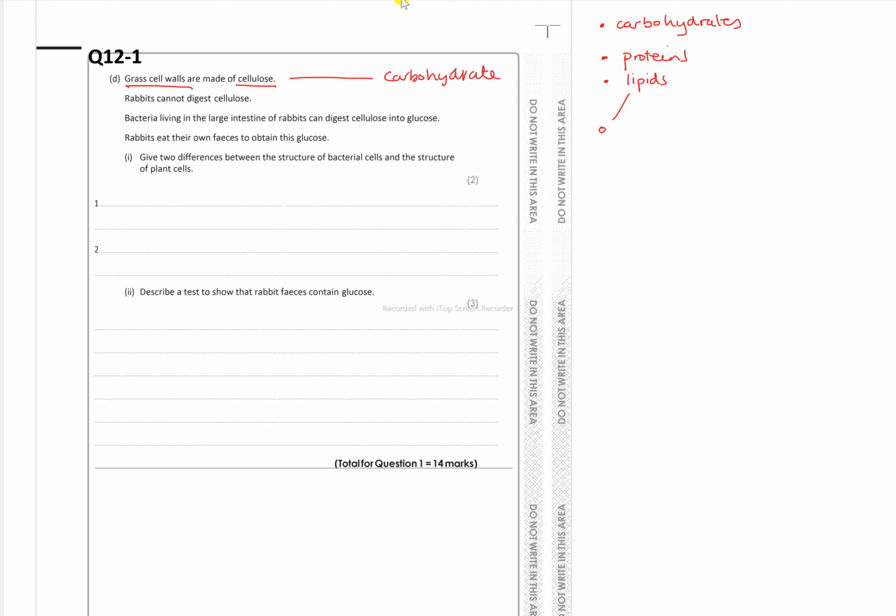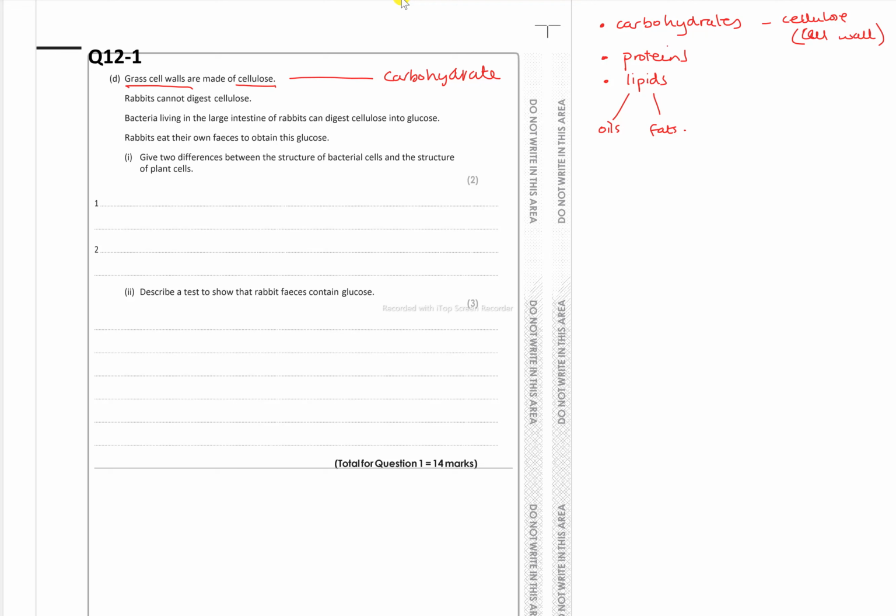Lipids are, if they're liquid at room temperature, we call them oils. If they are solid, we call them fats. Right, and they're saying that cellulose is the cell wall, basically, is made out of cellulose.